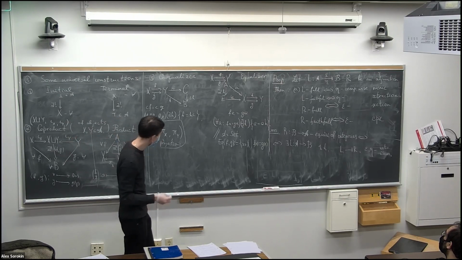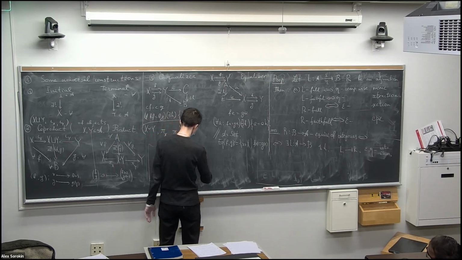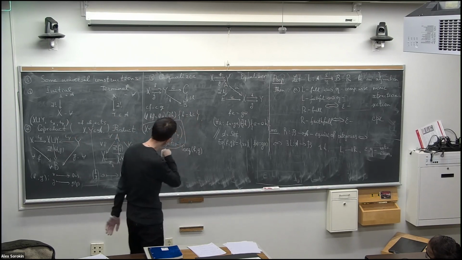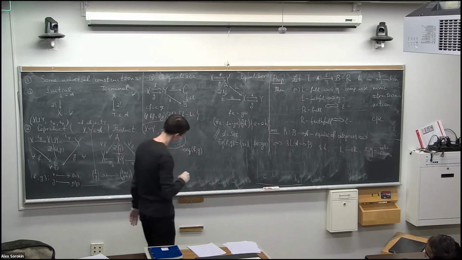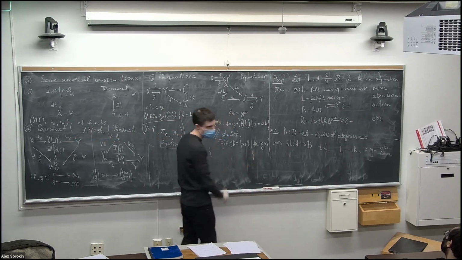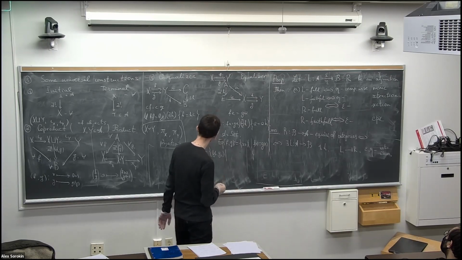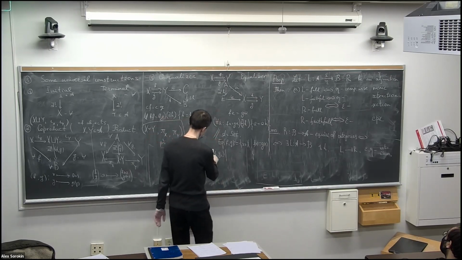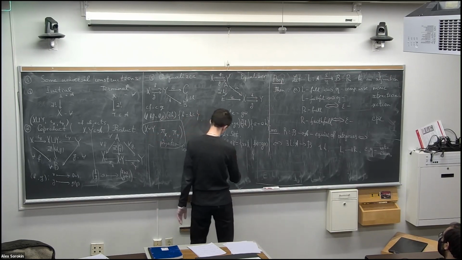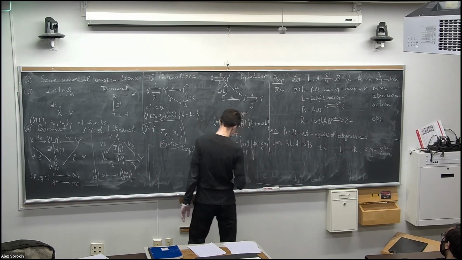In the case of sets, for the co-equalizer of F and G, I think it will be pairs y1, y2, like classes of pairs, such that there exists x, such that y1 is... I don't know.